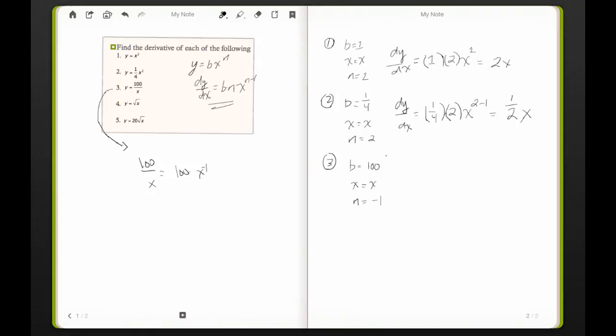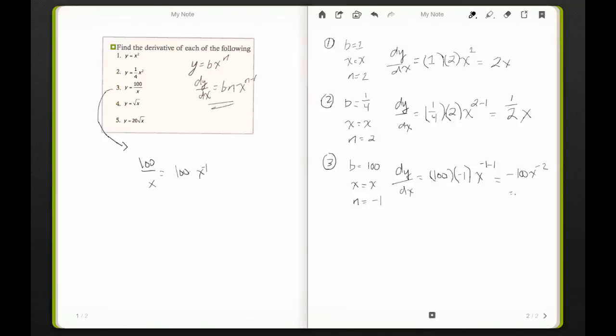Now let's plug it into our power rule formula. dy/dx is equal to that coefficient times the exponent, which is -1, times the variable x, and I'm going to subtract 1 from the exponent, so -1 minus 1. When I simplify, I get -100 times x to the -2.